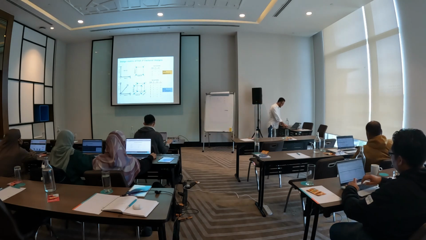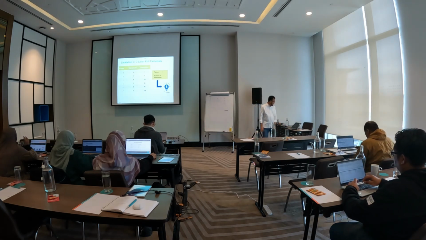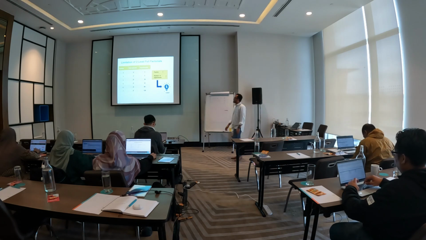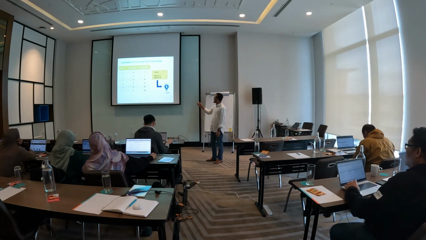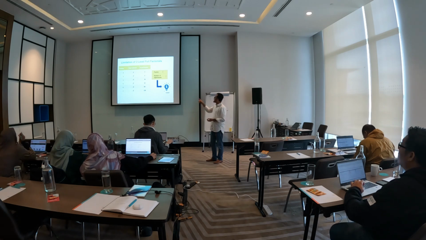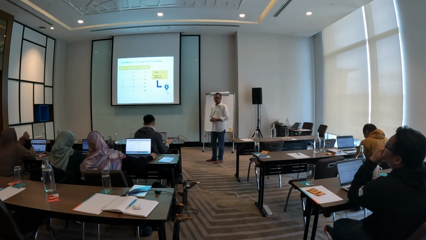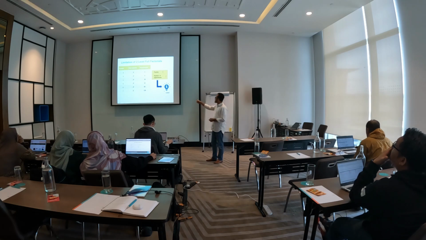Okay, you get it? After that, if the number of factors is increasing, like 2, 3, 4 up to 7, and if we have 7 factors, then the number of experiments will increase up to 128 experiments that we have to conduct.